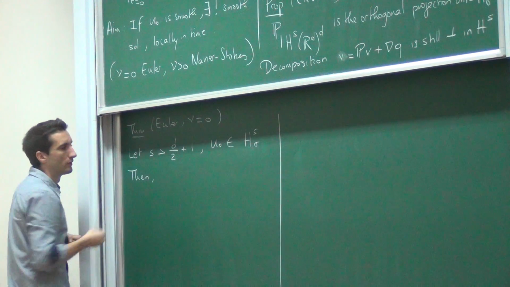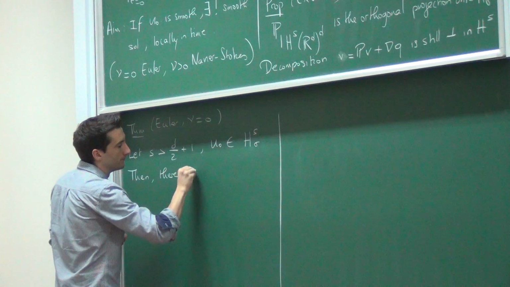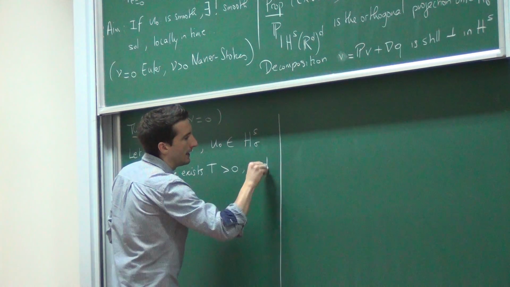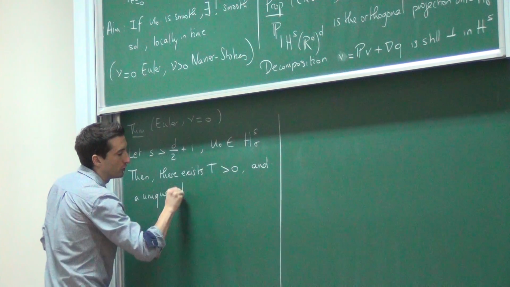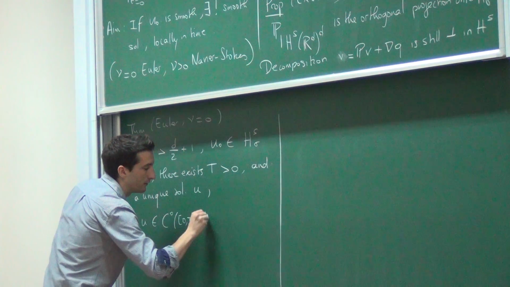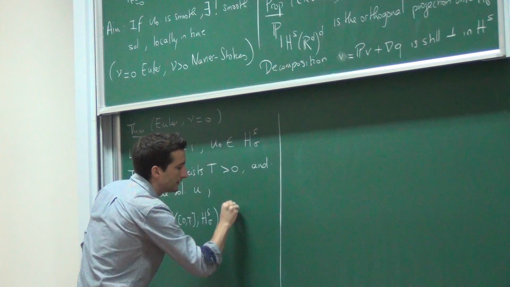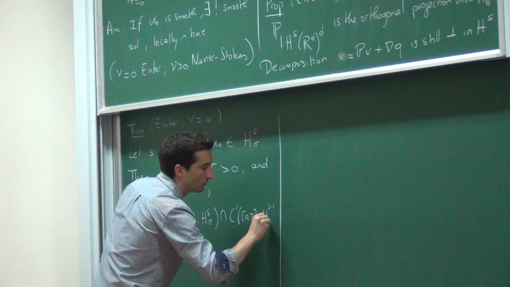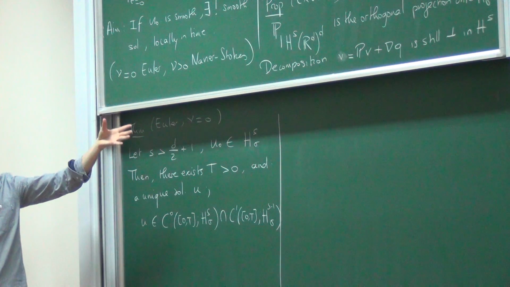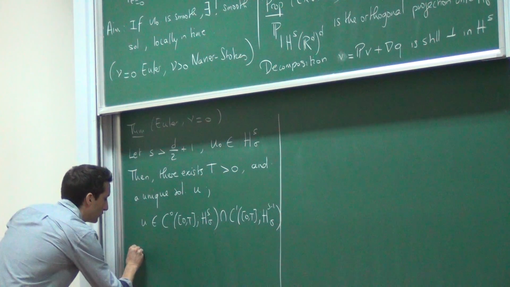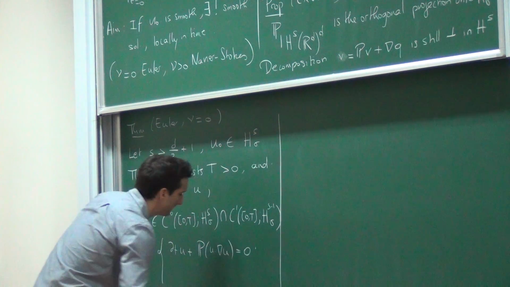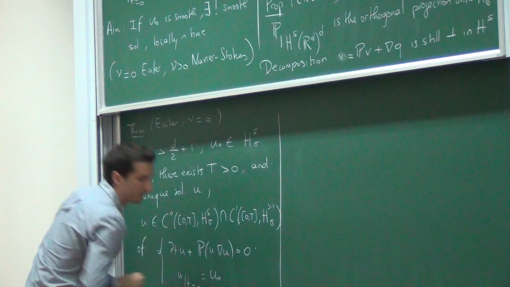Then you can find some time capital T, possibly small, and you can find a unique solution u. u will be continuous in time with values in H^s_sigma. It will be C1 in time with values in H^(s-1)_sigma. And it will be a solution of the Euler equation that we formulate, as I said, with the Leray projector. So it will be a unique solution of the following system: d_t u plus P(u dot grad u) equals 0, and u at t equals 0 equals u0.